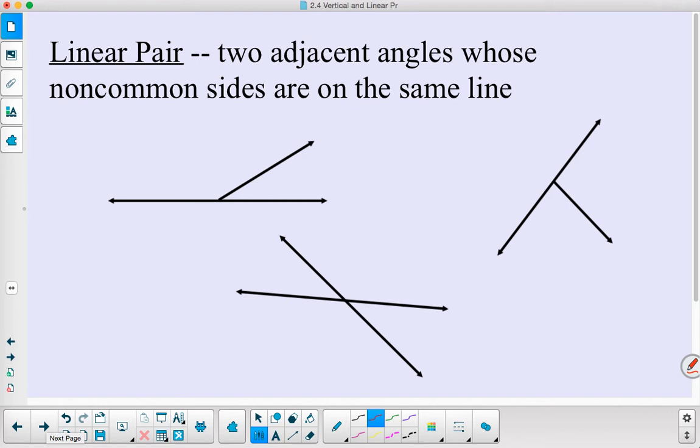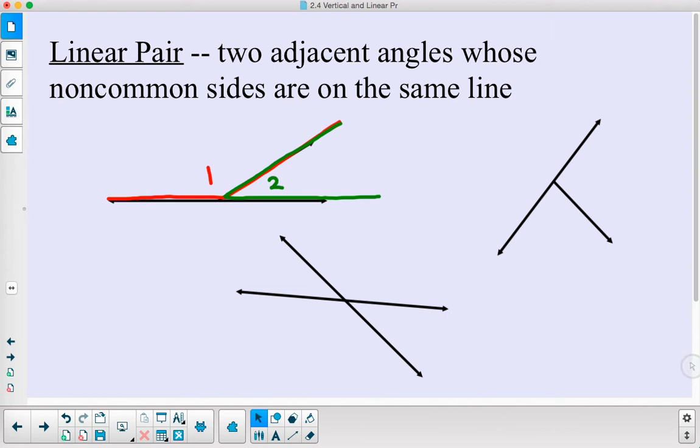So let's look at this first picture. This angle is formed by these 2 rays, and then an adjacent angle right beside it, sharing this ray, then the other side. Notice these last 2 sides, I'll highlight, the one going to the right and the one going to the left.